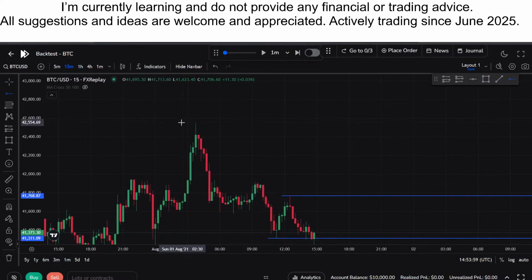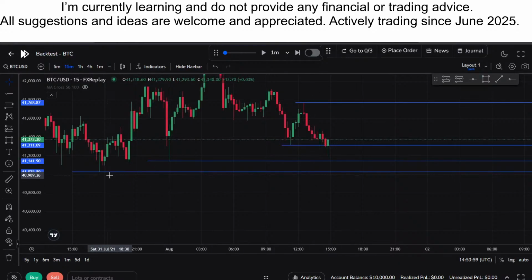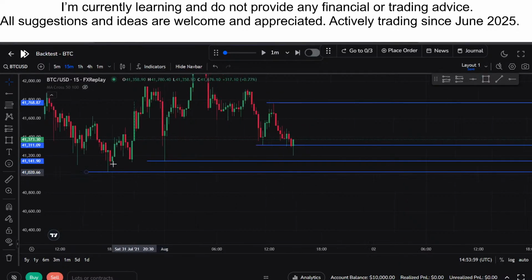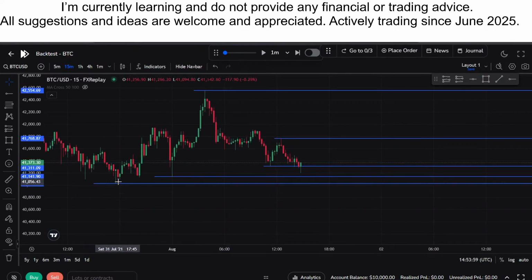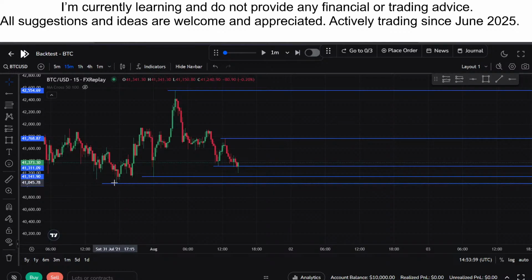This is our swing high, and this is our swing low. We can see there is a lot of liquidity here, and this one also has liquidity, but it went straight up, so this liquidity is already filled.